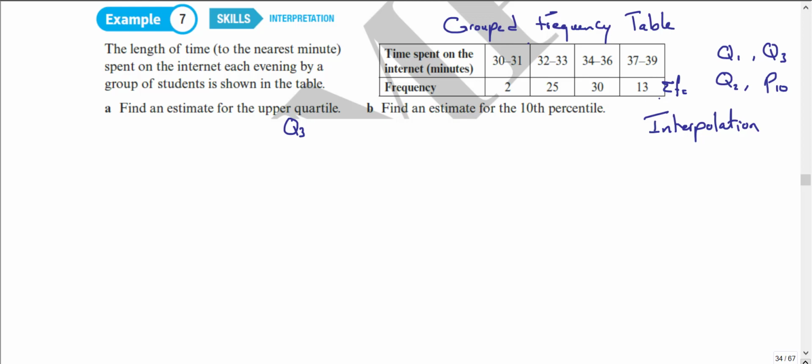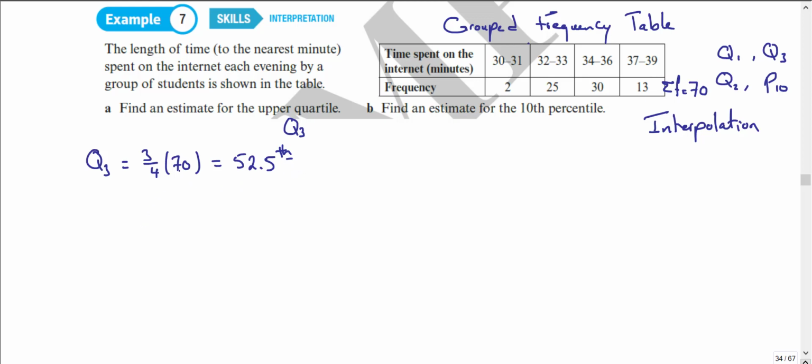So you add the frequencies, it will be 70. So we have 70 students. Then we find 3/4 multiplied by 70, which is 52.5. Very good. Now pay attention. Our Q3 is at the 52.5th position.